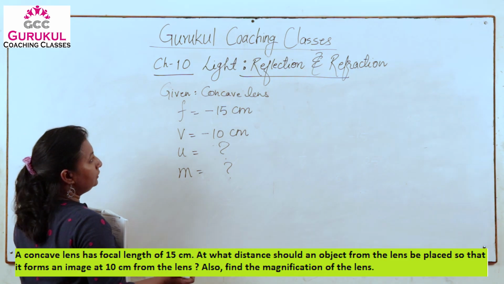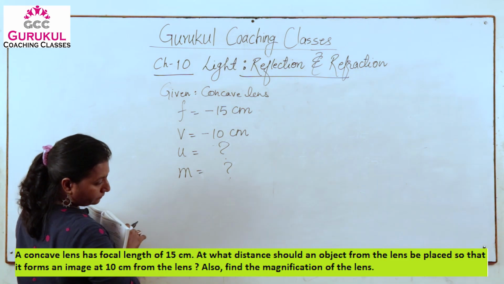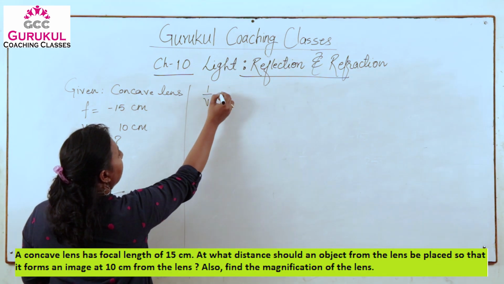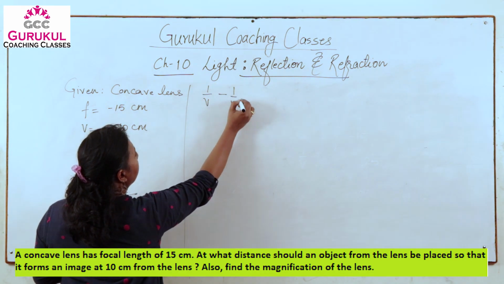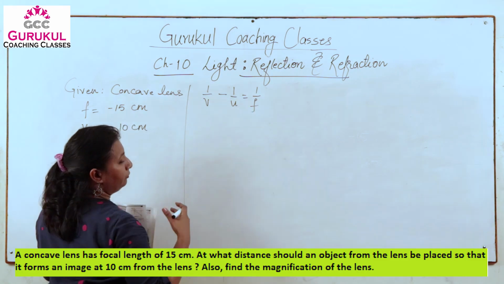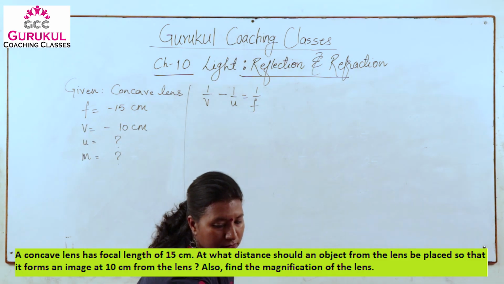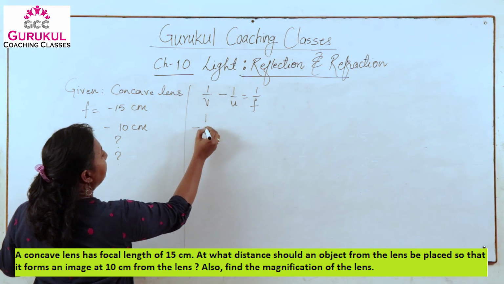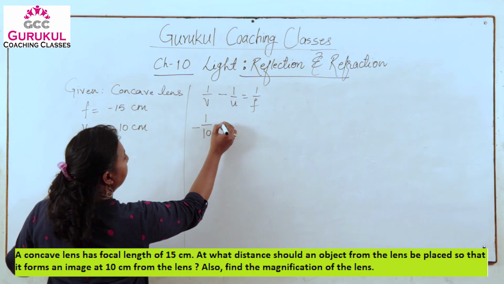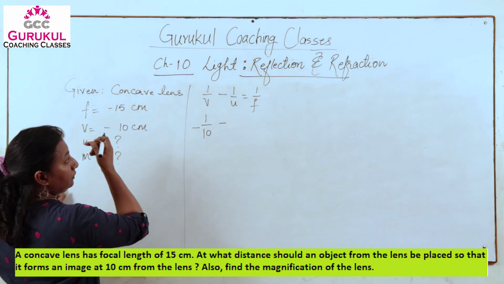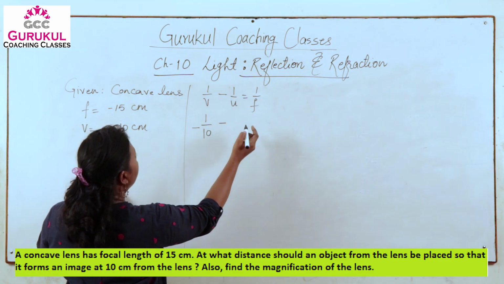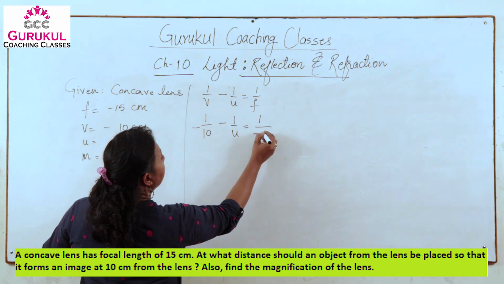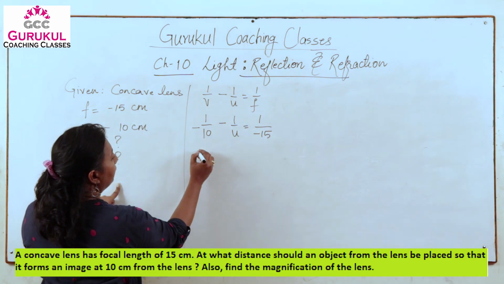right? We will use the lens formula. Now, by using the lens formula, it is 1 by v minus 1 by u is equal to 1 by f. We will just put the values. 1 by v is minus 1 by 10. Minus 1 by u is equal to 1 upon minus 15.